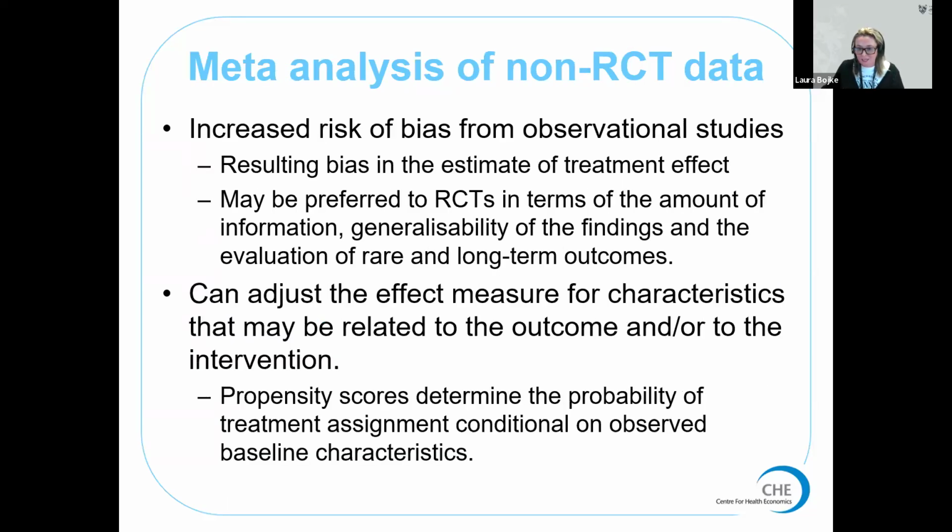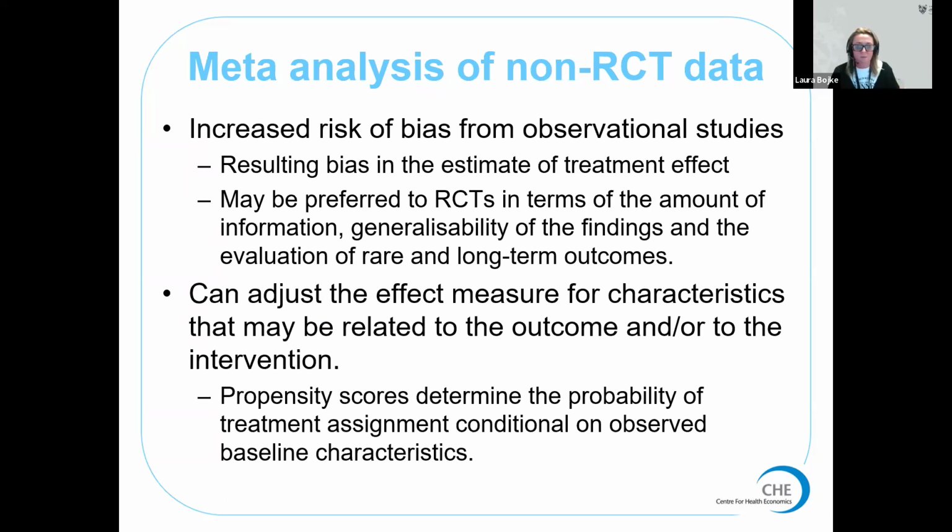So quickly, on meta-analysis of non-RCT data. As I said, I've talked primarily about RCT data, which forms the pinnacle in terms of the evidence hierarchy that I presented at the beginning of this session. But you could be dealing with non-RCT data.